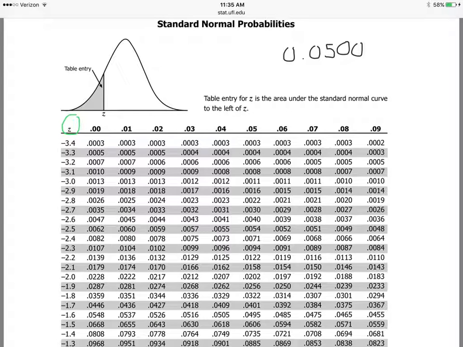The areas of the standard normal table are in the body of this table. So we're basically looking inside the body of this table and trying to find a value as close to 0.0500 as we can possibly get.